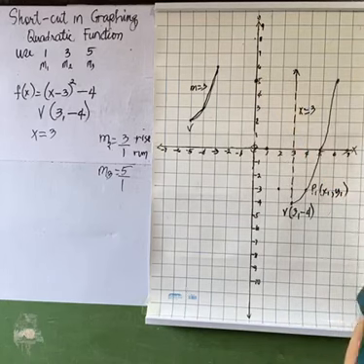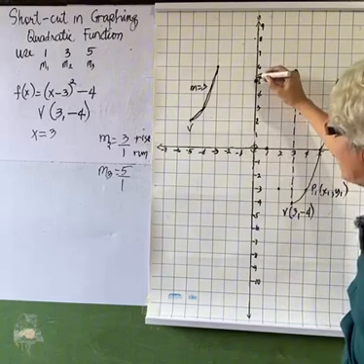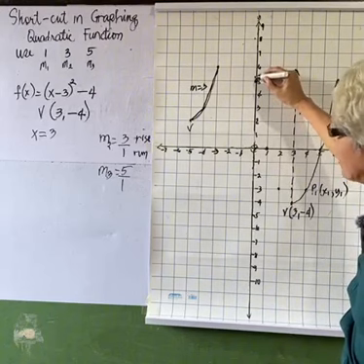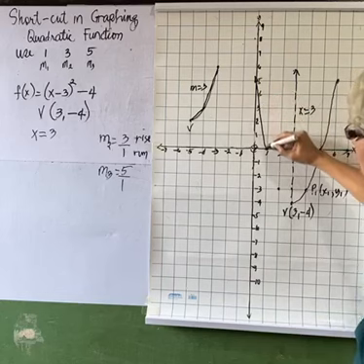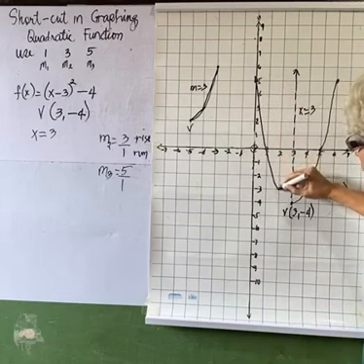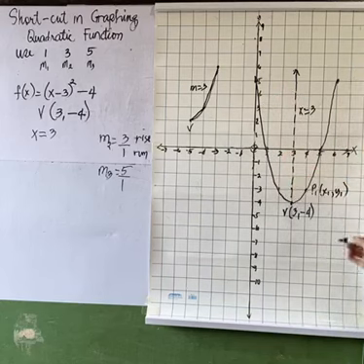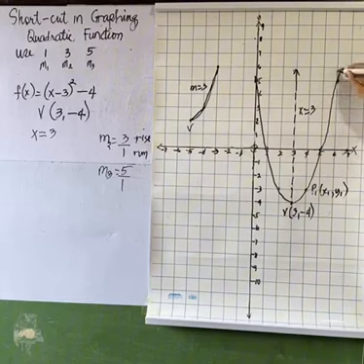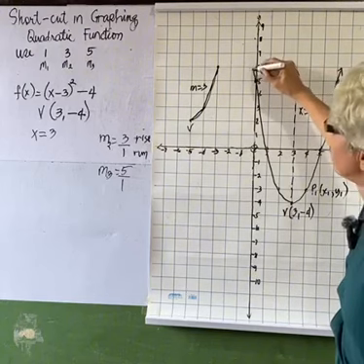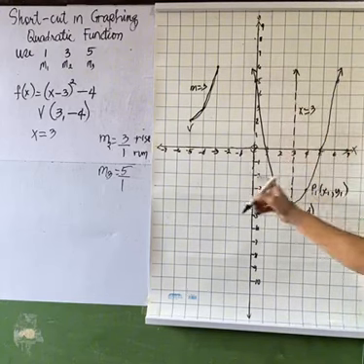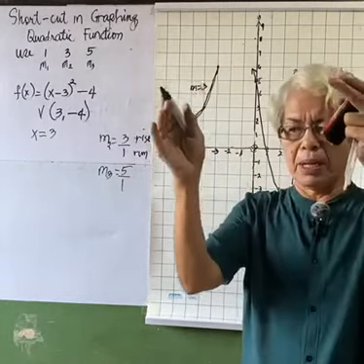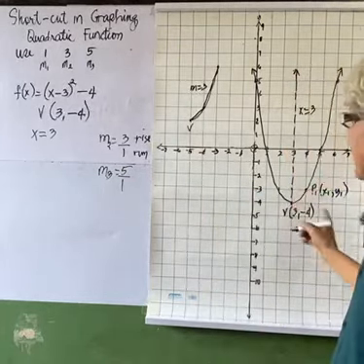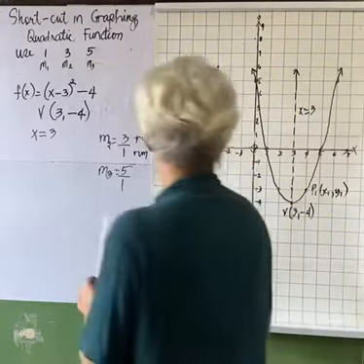So here is our other point. We can now connect all the points to sketch the curve. We will extend by using arrows, meaning the parabola will continue to go up.